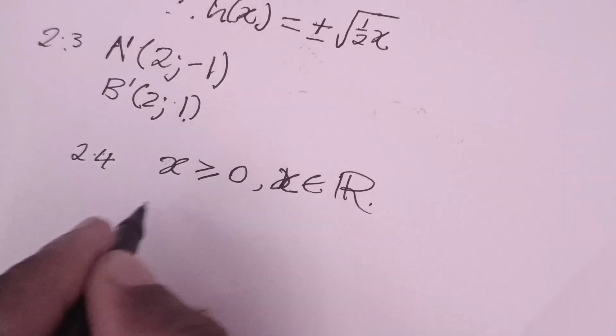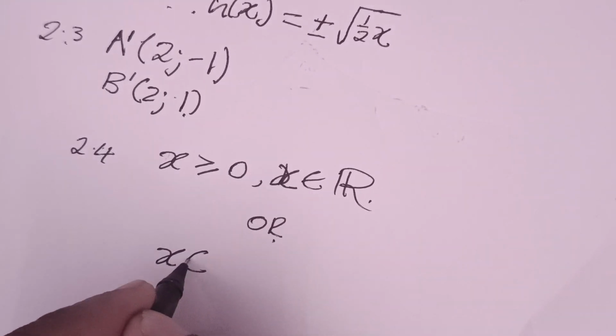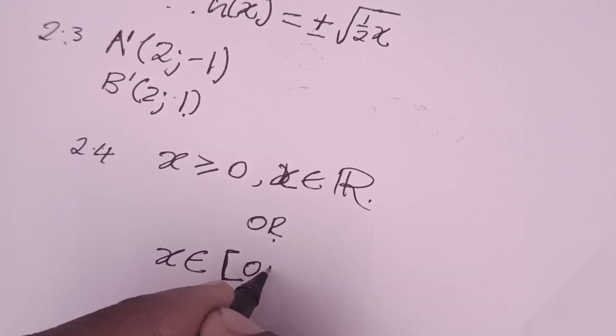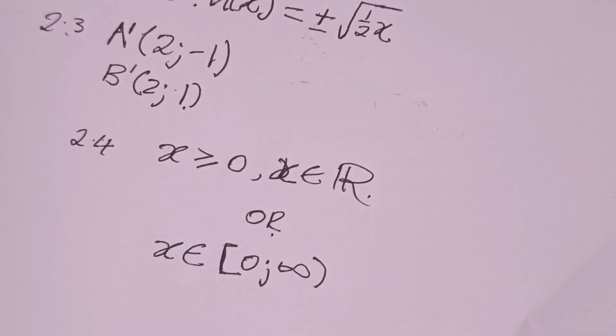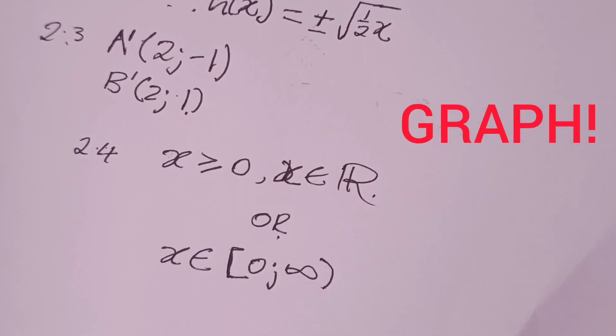Another notation, you don't have to write both, could have been x is an element of all numbers from 0 up to infinity. That is the domain of this particular function.